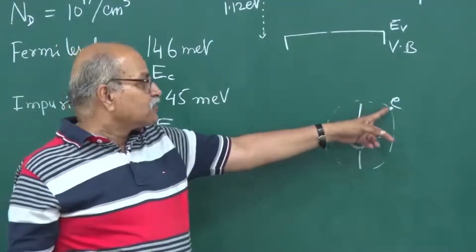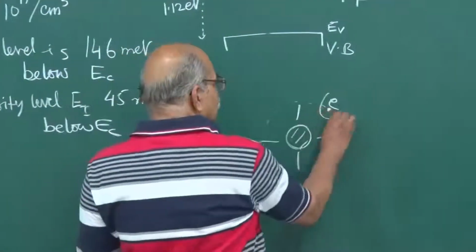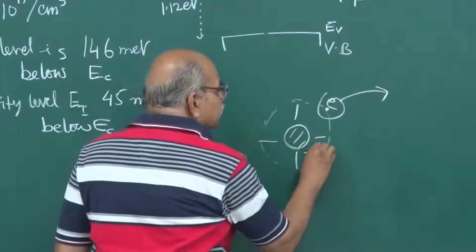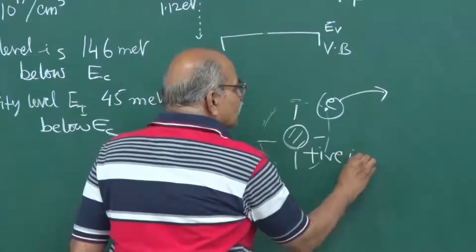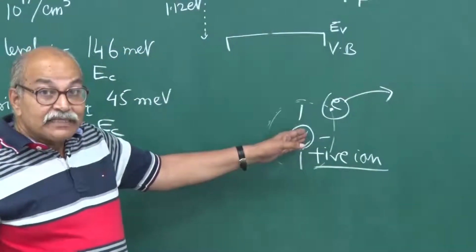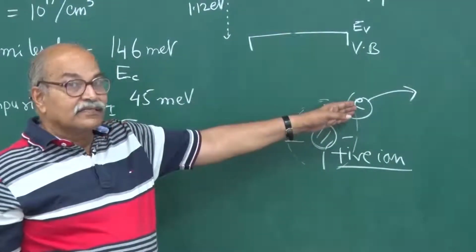But if this electron goes to the conduction band, then what is left here is a positive ion. And you say that this donor atom has been ionized. That means the electron has gone into the conduction band.